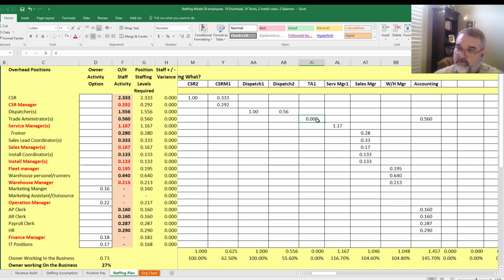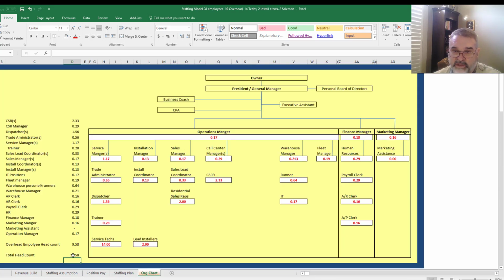So it'll show you when you start getting overloaded with a position, which is a pretty cool tool. All right, let me come back over here to the org chart. So that's going to show you you've got 27 head count, 9.5 overhead folks, 14 service techs, 2 installers, and now you've got 2 sales reps.